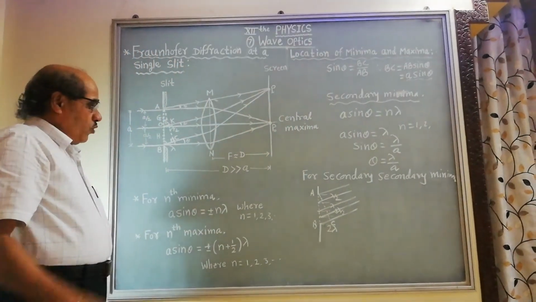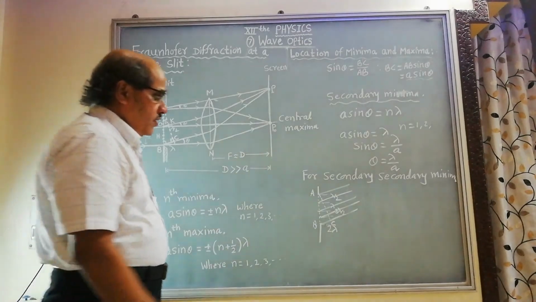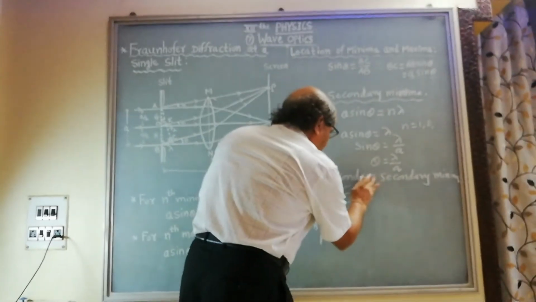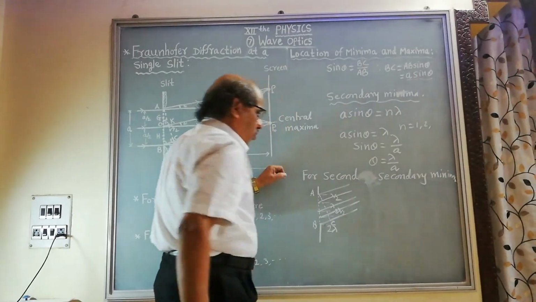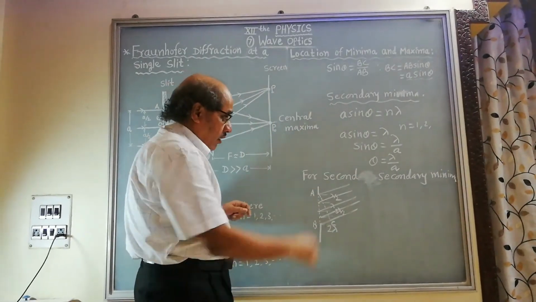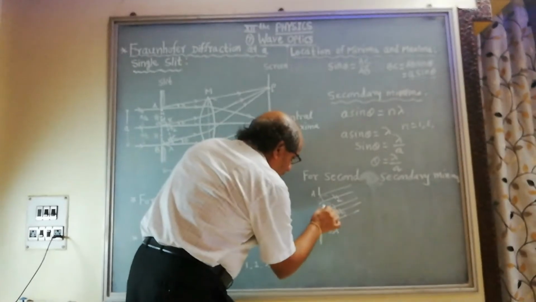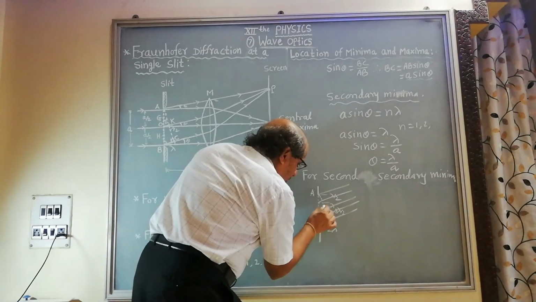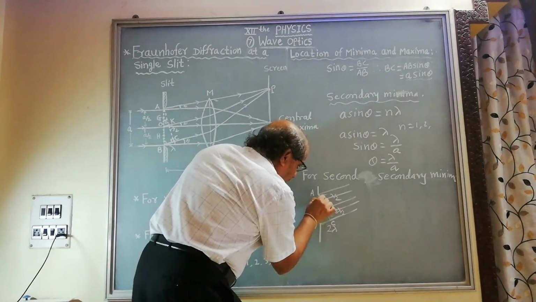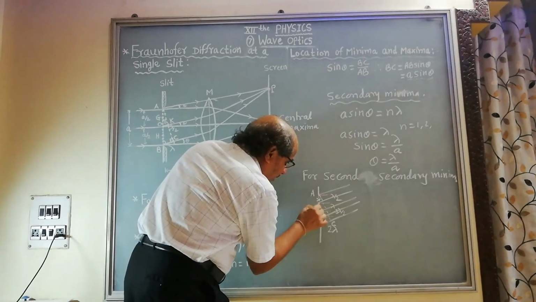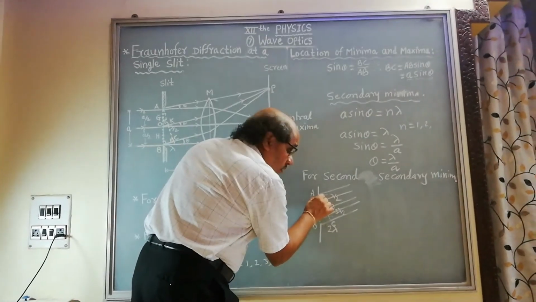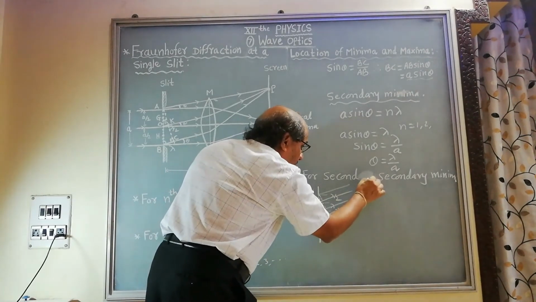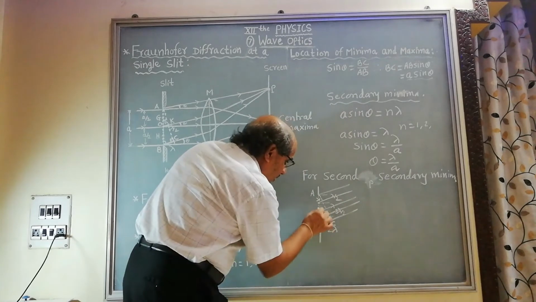Now what we will find here for secondary minima, we have the points here. Suppose one point is here and a wave is coming out from this point and reaches the point P on the screen.